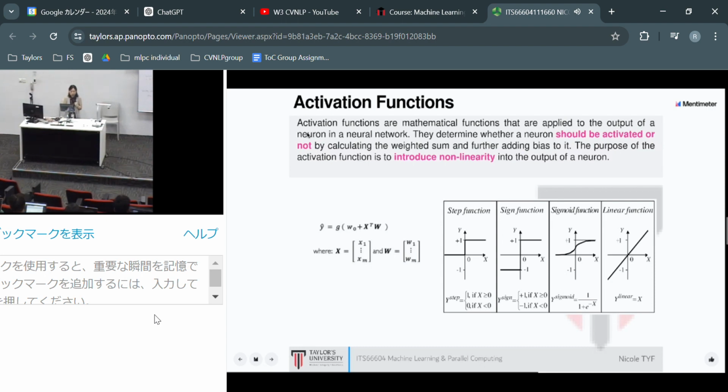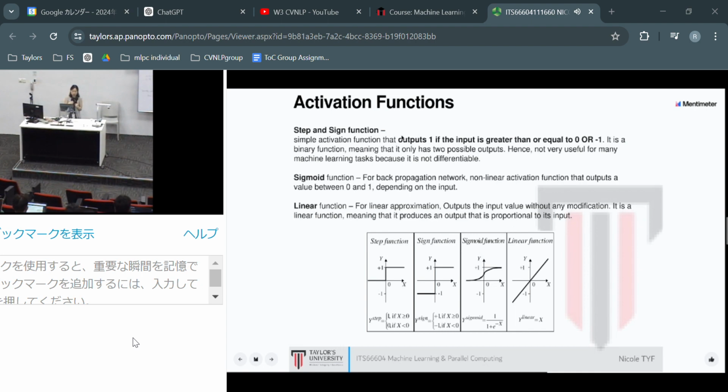The step and sine functions are simple activation functions that output 1 or 0. If it is 1, this neuron will be activated and will pass the information through to the next neuron. If it results in 0, then it won't produce an output to the next neuron.